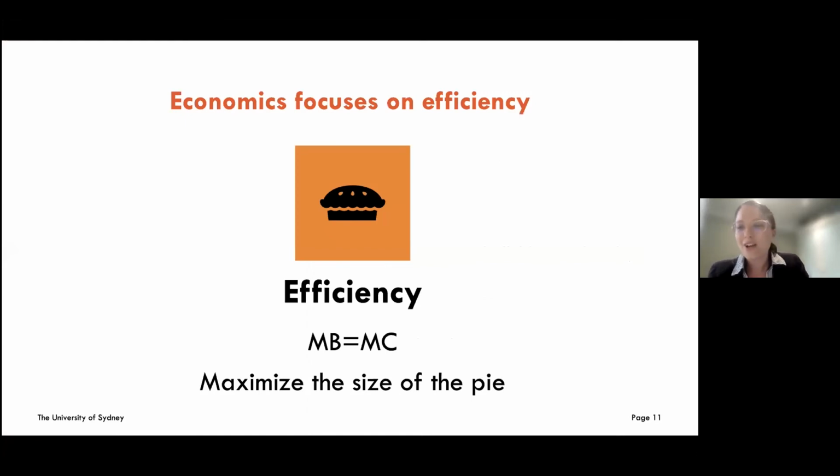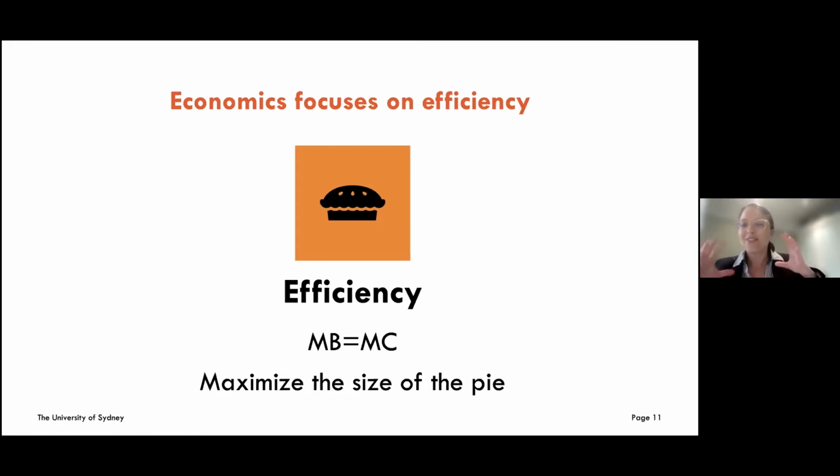So economics is very focused on what we call efficiency. Efficiency is when you don't leave any unrealized gains from trade. So you might have heard of this as when the marginal benefit equals the marginal cost. So when you have supply and demand coming together, the market clears and there's no deadweight loss. Another way you can frame this is you're trying to maximize the size of the pie.